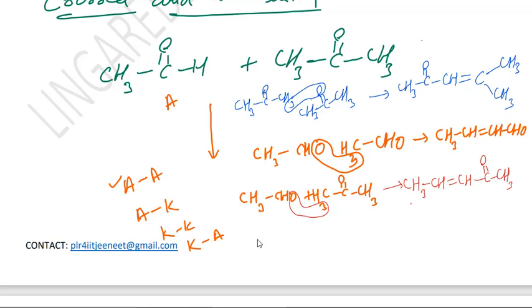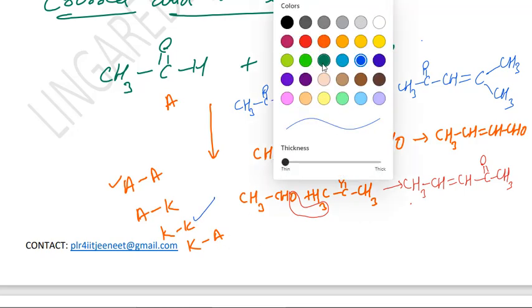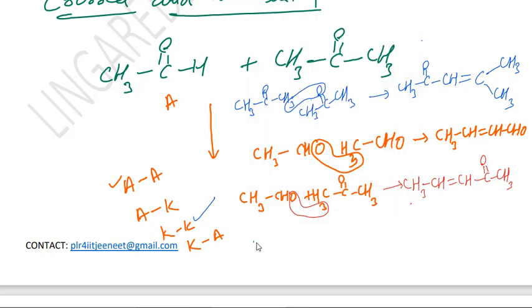Then again K plus A, this is also over. Now I am writing K plus A. First ketone, then aldehyde. CH3 C double bond O CH3, ketone plus aldehyde. Now remove H2O, same.